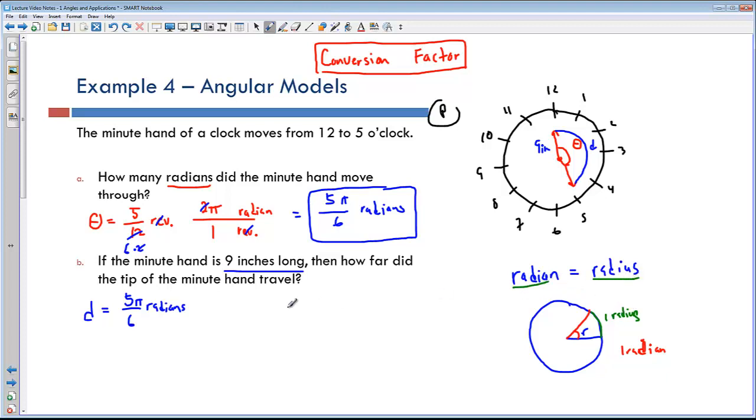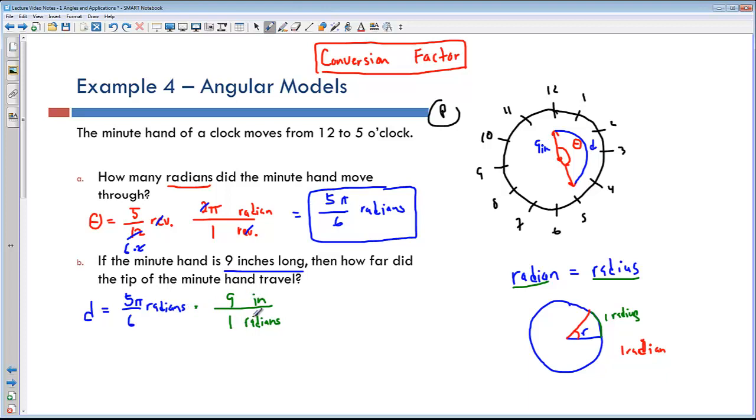So right here, I want to go from radians into a distance which is inches. But I know in 1 radian, remember 1 radian is 1 radius, and what's the radius? It's 9 inches. So that's the conversion factor to go from radians into inches.